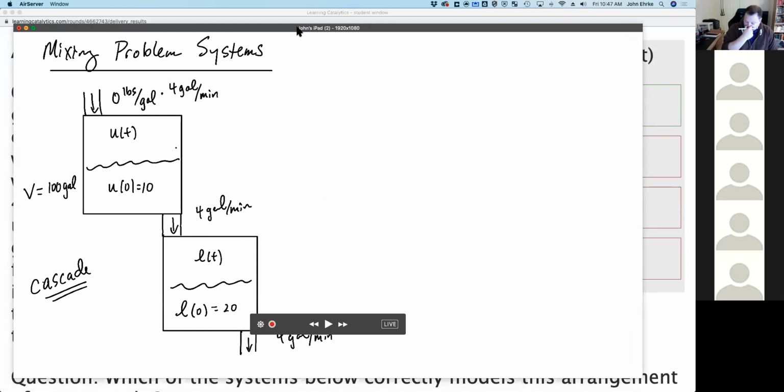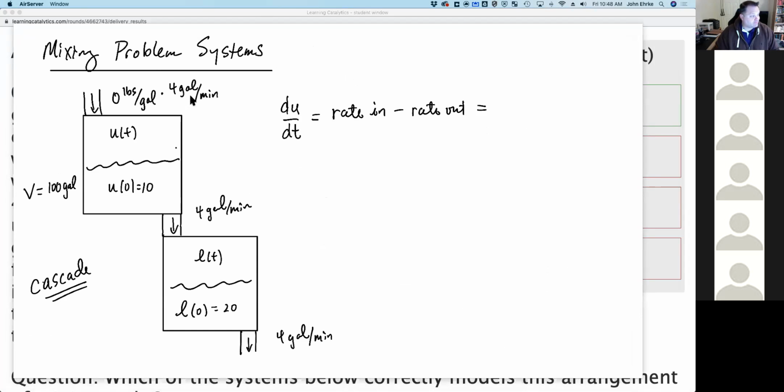So I'm just going to do the same thing that we did earlier in the semester when looking at mixing problems. The rate of change of salt in the upper tank is going to be the rate at which salt comes in minus the rate at which salt leaves. So salt is coming in at a rate of 0 because there's 0 pounds per gallon coming in.